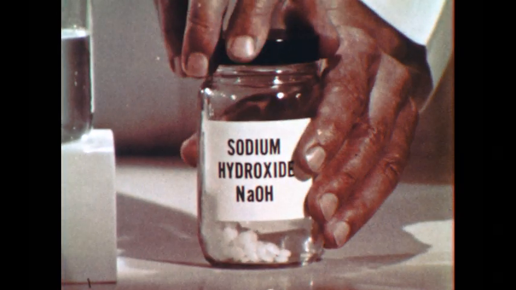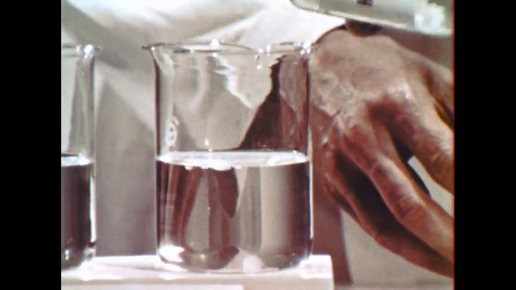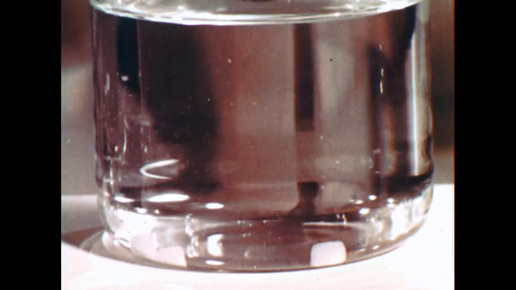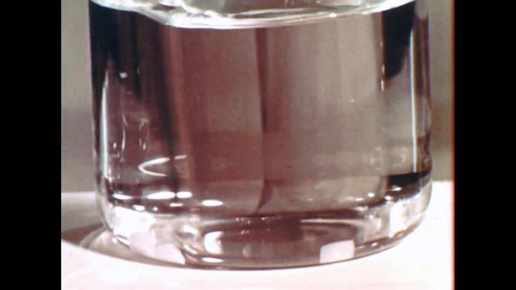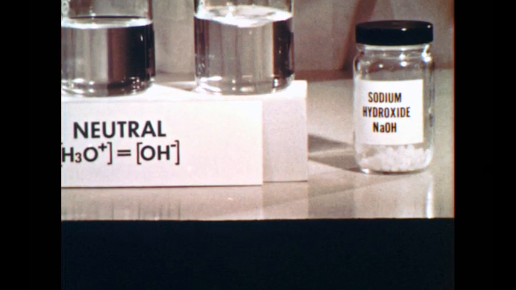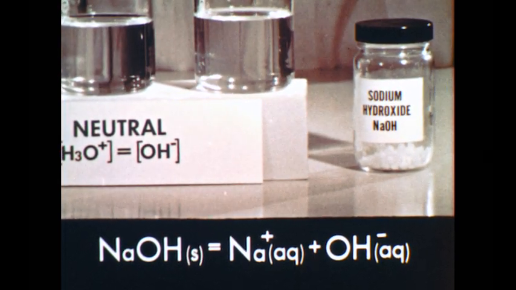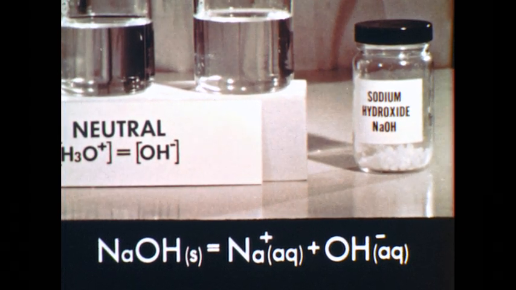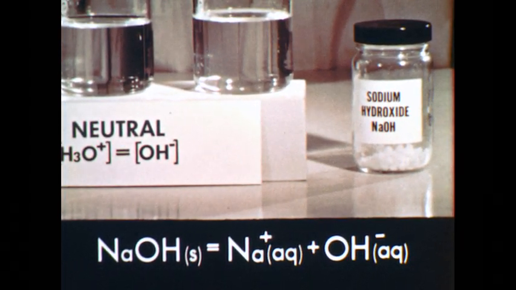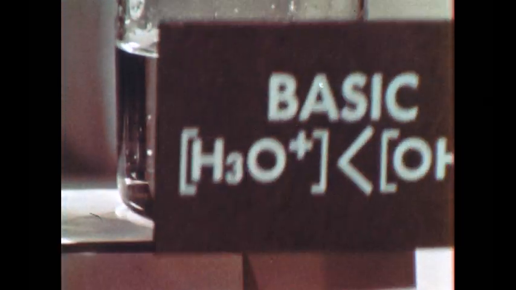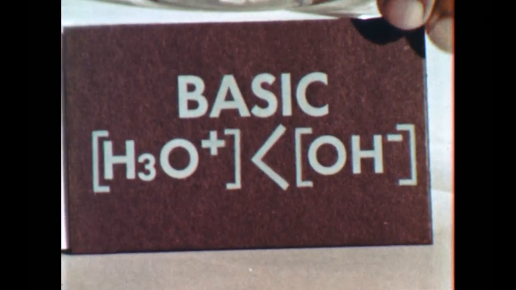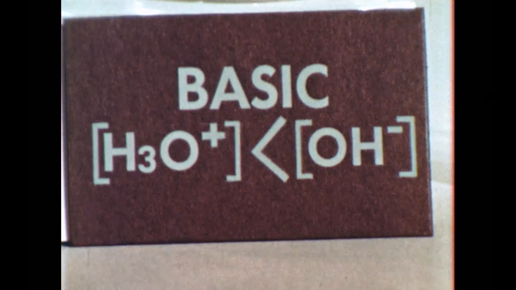Next, we'll add solid sodium hydroxide to one of the other beakers of neutral water. The concentration of hydroxide ions increases. The solution becomes basic. Basic solutions have a lesser concentration of hydronium ions than hydroxide ions.